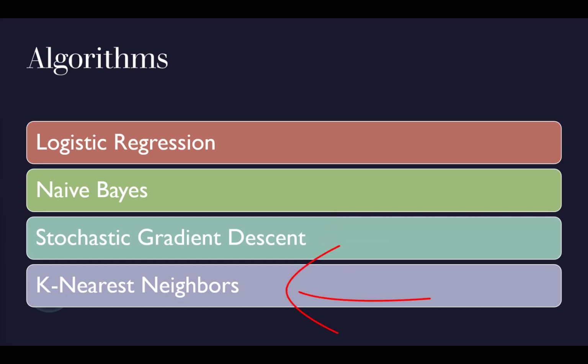The fourth algorithm I want to cover today is k-nearest neighbors, or sometimes that algorithm is called KNN. So k-nearest neighbors is a pattern recognition algorithm that uses training dataset to find the k closest relatives in future examples.